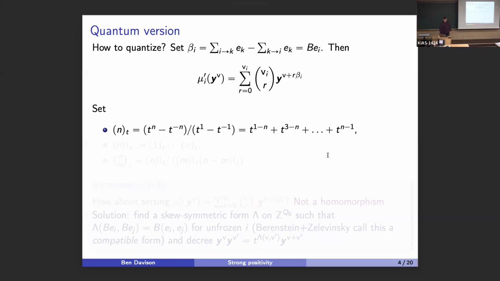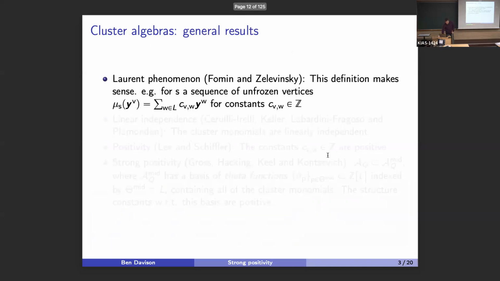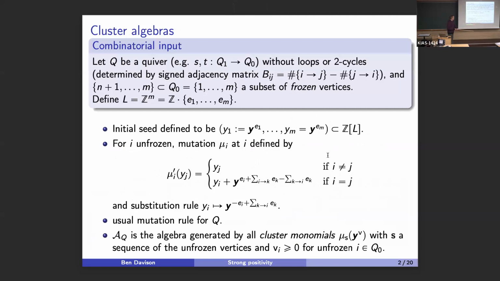It's a Laurent polynomial. Is mu_i prime the same as before? Yes. Or why that form? Yeah, so before I defined, maybe I'll go back. I gave you the formula for what happens if I apply mu_i prime to one of my generators of my Laurent polynomial ring. So if j is not equal to i, it leaves it alone. If j is equal to i, it replaces it with a two-term thing.